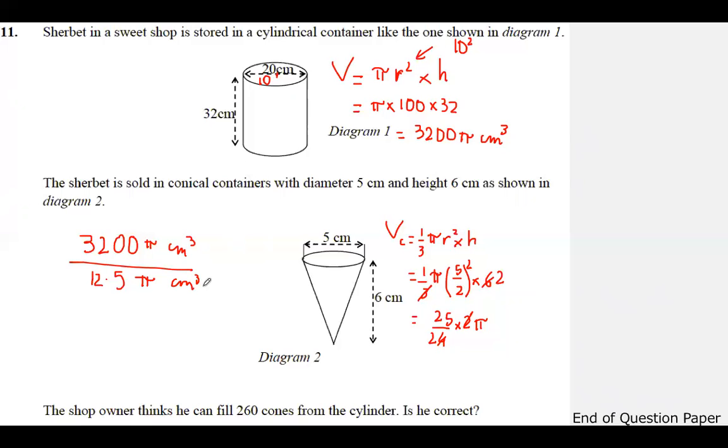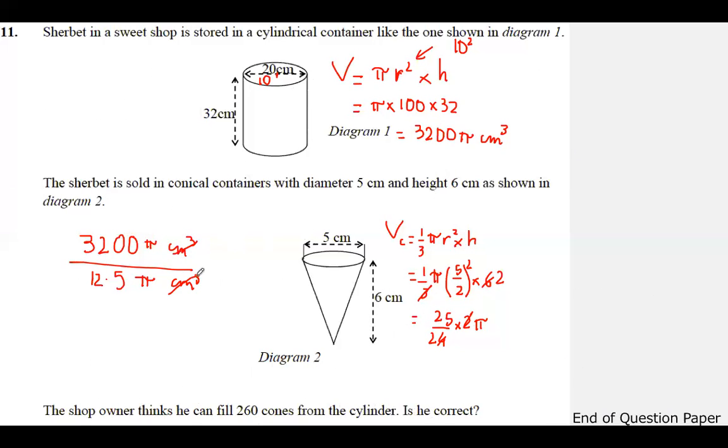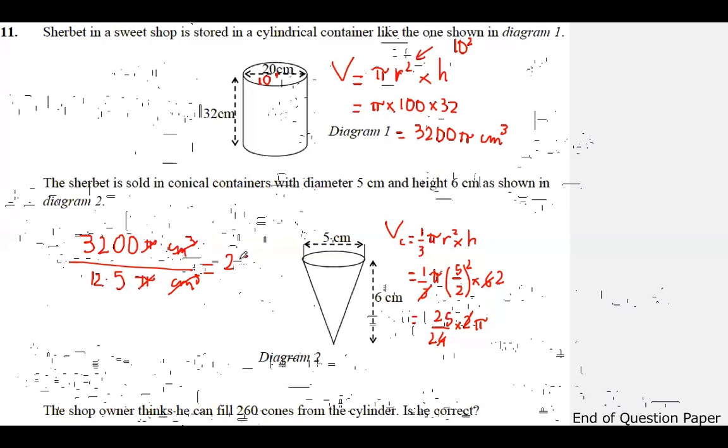So far, so good? Centimeters cubed, we can simplify them. Pi, we can simplify them. If you've got your calculator, you just type 3,200 divided by 12.5, and I get exactly 256.